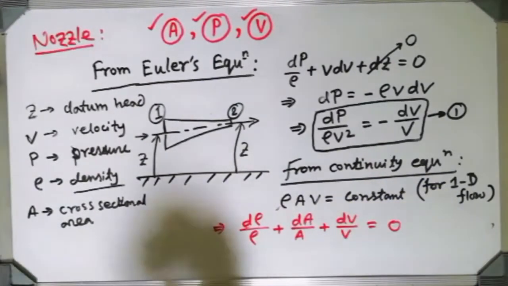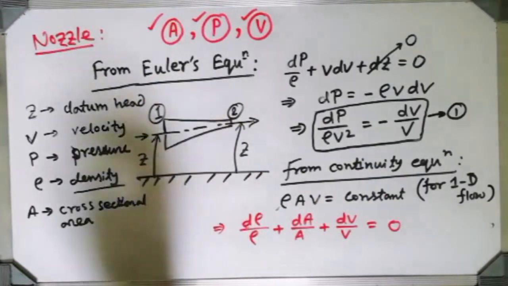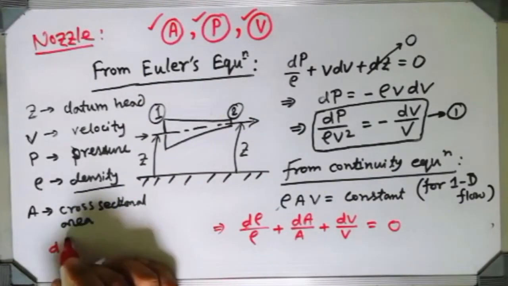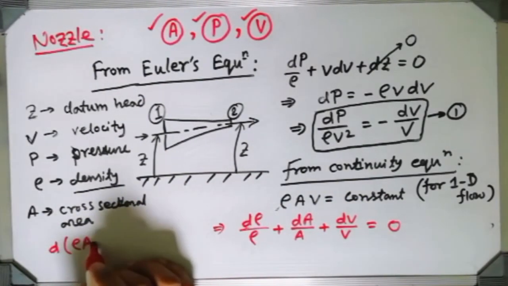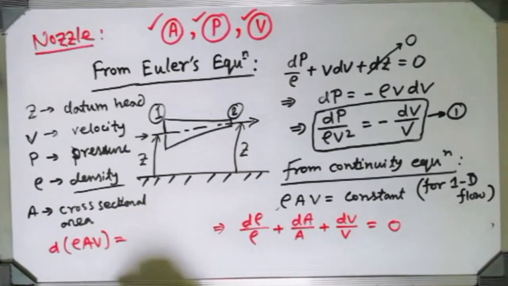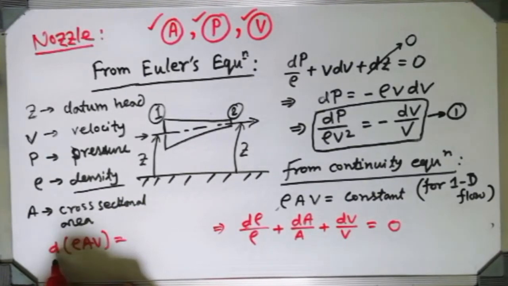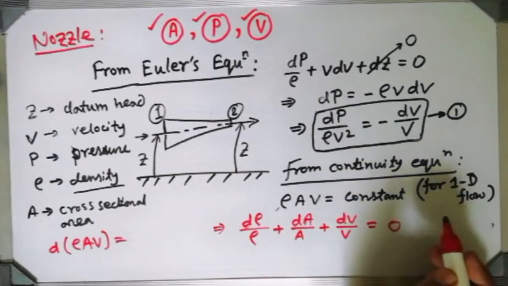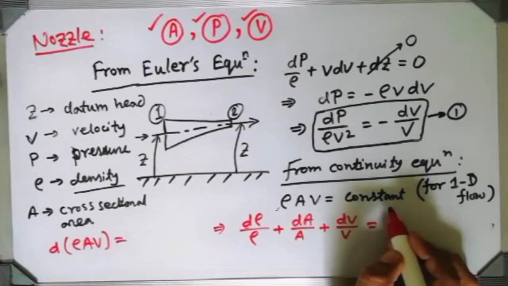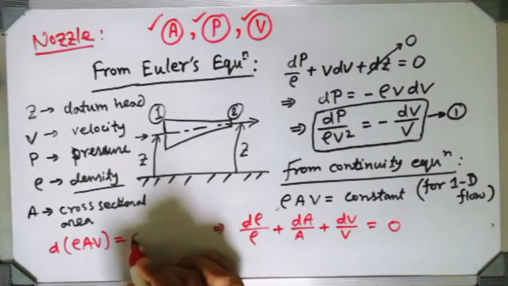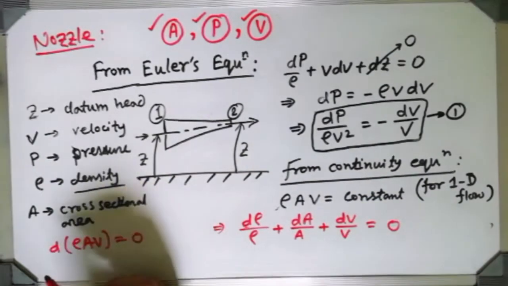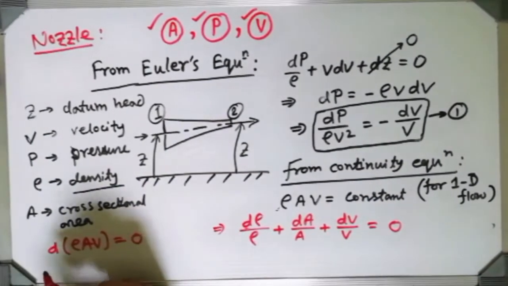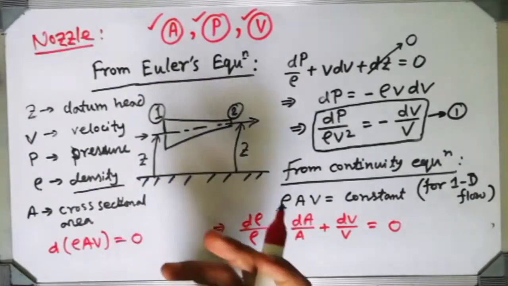Basically, as your friend just said, differential form means I have to do this thing. If I do the differentiation on the left hand side, the right hand side will also be differentiated, and the constant is there. So obviously it will remain 0 after differentiating a constant. You all know that differentiating a constant produces 0.